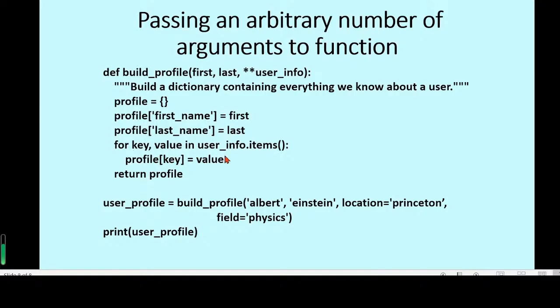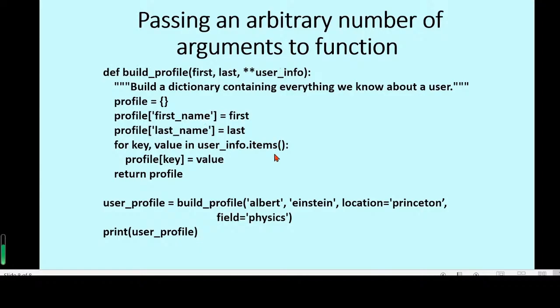For each key value pair in this dictionary's items, we create new key and value pairs and use this information from user_info. So user_info is a dictionary when we call this function, and the extra information after first and last will be stored in this dictionary.